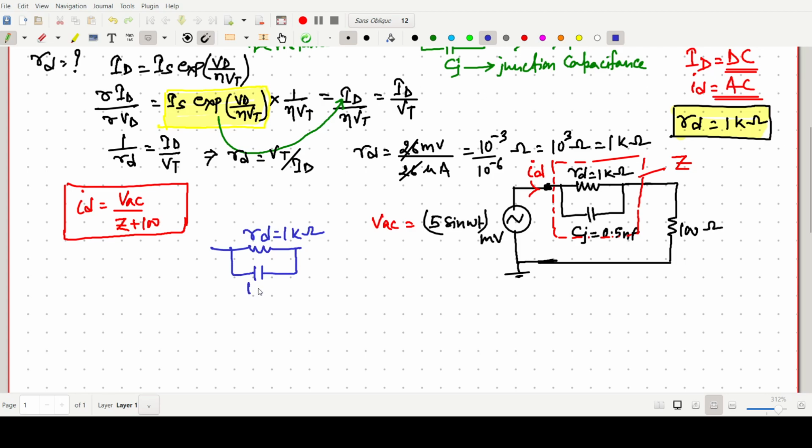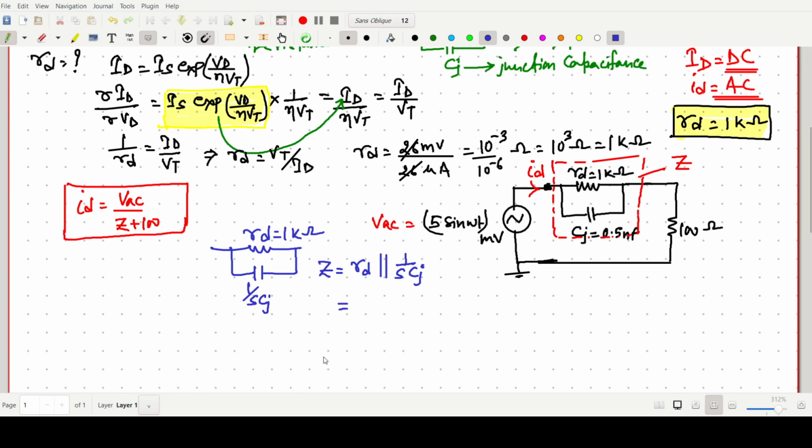So the corresponding impedance should be 1 by sCj. This part is clear. So the Z value is simply RD in parallel with 1 by sCj. Very simple thing. We have to find the value of Z.